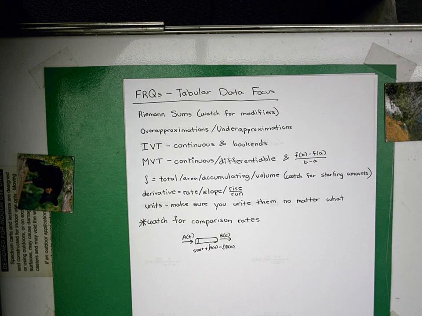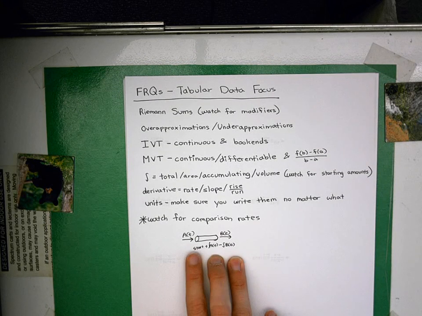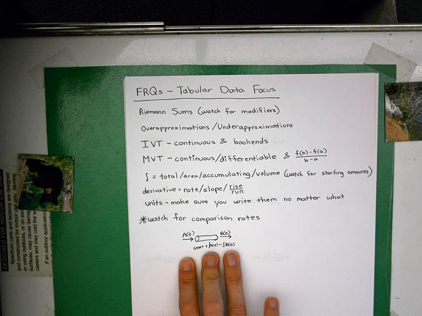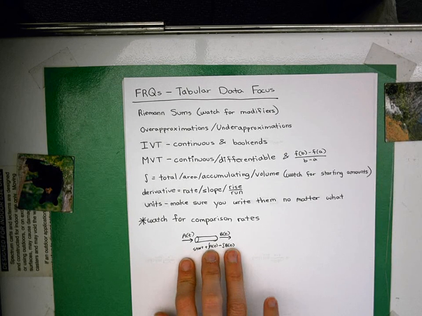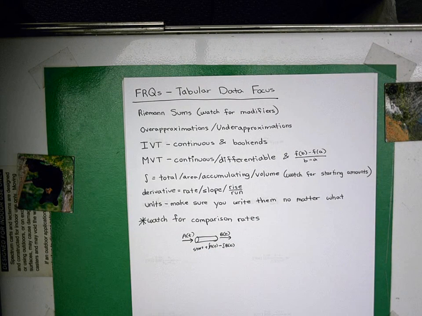What's going in gets added to what's in the pipe, and what's coming out gets subtracted from it. So the total is all three of these ideas: what was already there, what got added, and what got removed. That's what I mean by watch for comparison rates as you're reading your problems. Okay?